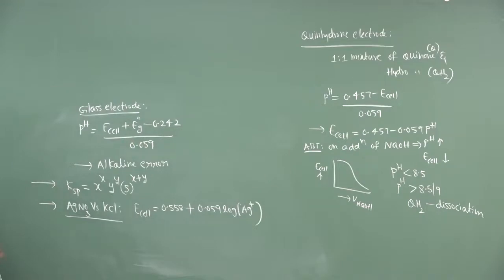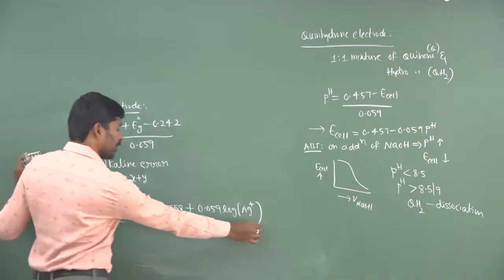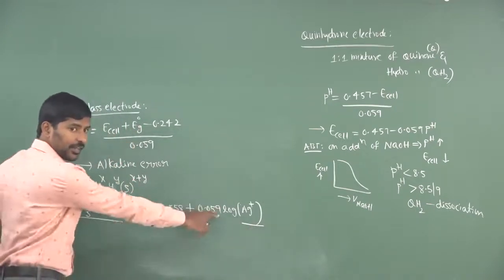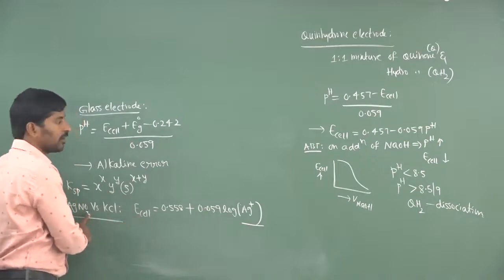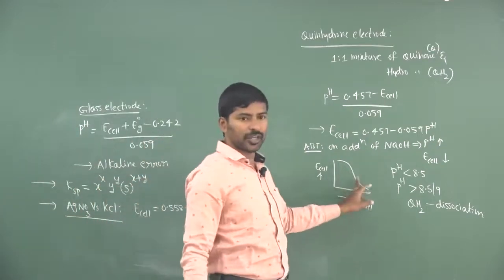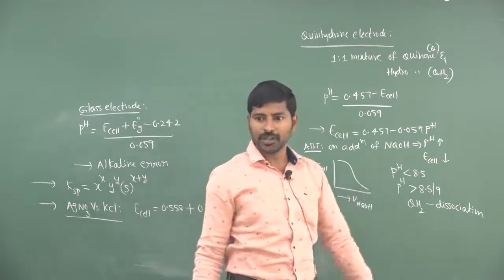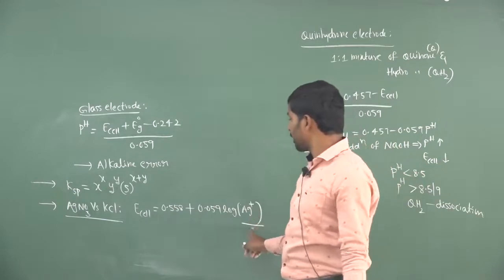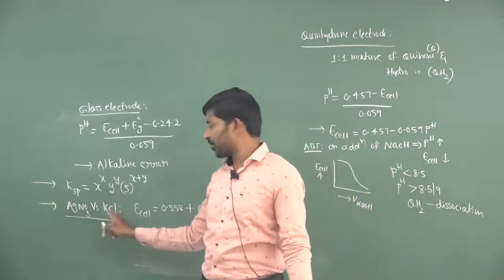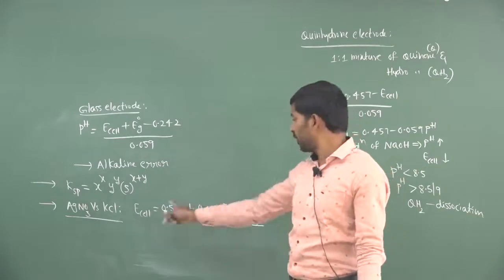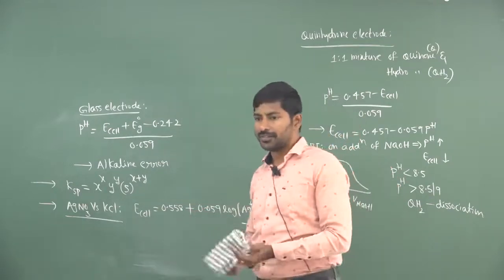So during titration, the concentration of Ag plus decreases, so cell potential values also decrease. If you draw E cell versus volume of KCl, you will get the same graph. The remaining two graphs are the same. During titration, Ag plus ions are replaced by K plus ions, so the concentration of Ag plus ions decreases and cell potential also decreases.